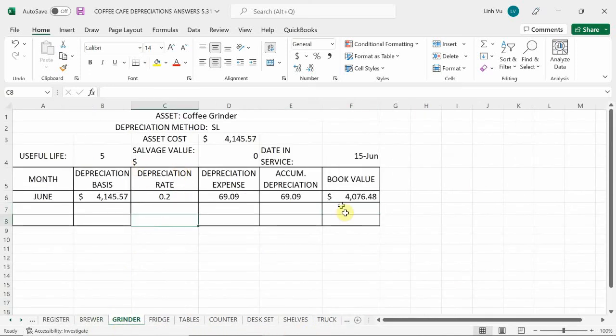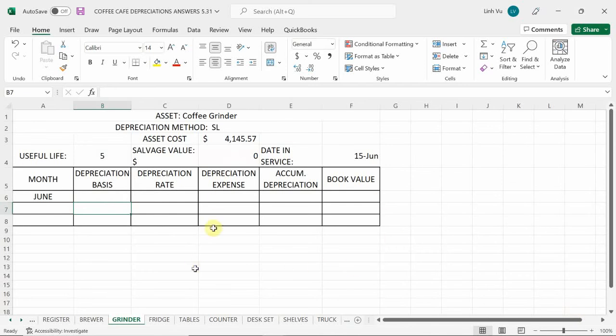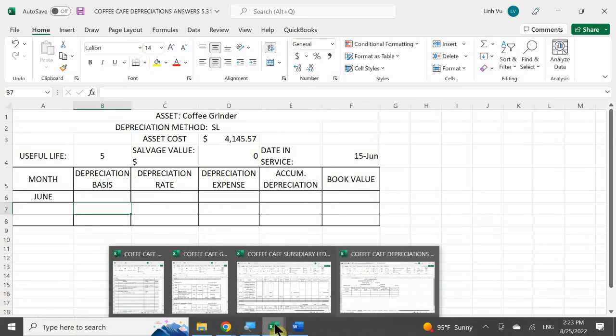First we have to solve for the value of my total for my coffee grinder.